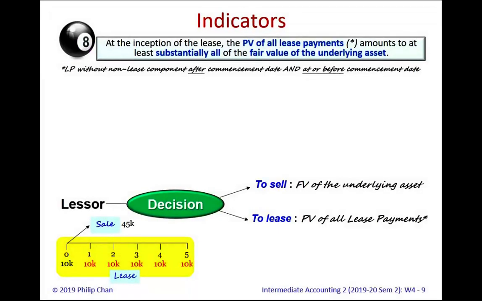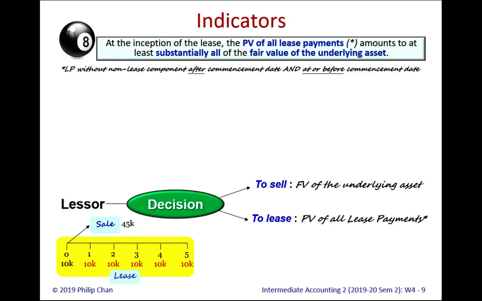Indicator number 8, where at the inception of the lease, remember, inception usually means the date of the contract between the two parties, lessor and lessee, the present value of all lease payments amounts to at least substantially all of the asset's fair value.